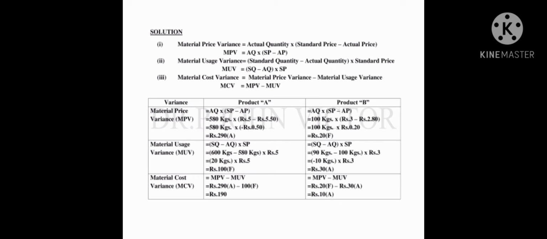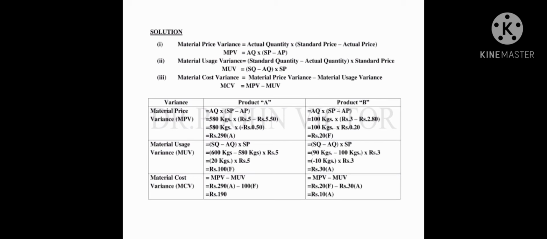Then when we multiply, we get rupees 20. Now you see in the bracket it is given F, that means favorable value, positive value. So you see the difference? For product A, it is a negative value, so given as adverse, in short form A.